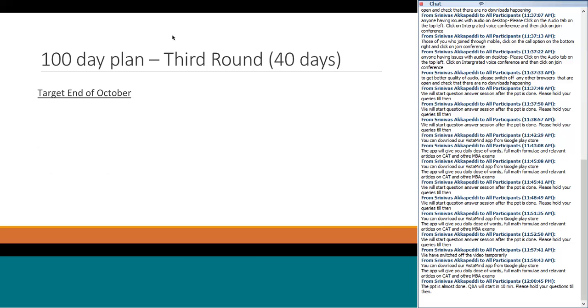But what is the target at the end of October? The idea at the end of October should be that you should know by now what your strengths and weaknesses are. Do not leave topics now. In fact, lots of people ask me this question: sir, I am not good at permutations and combinations. Can I leave that topic?